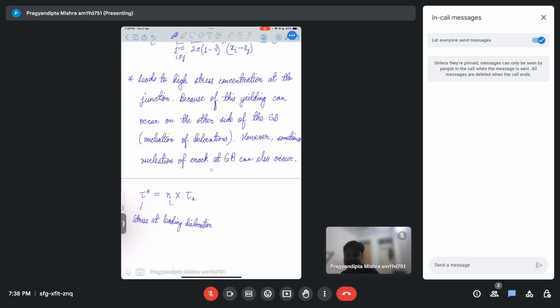N is the number of dislocations in a pile, while tau A is the applied resolved shear stress.